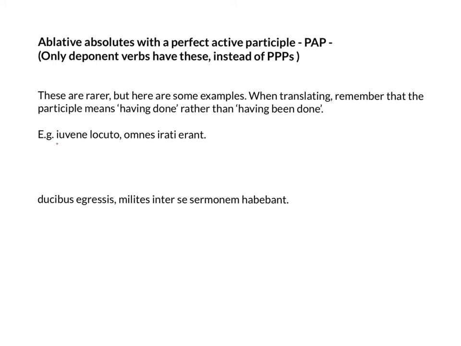And here is our first example. We're beginning with iuvene locuto. We check the tense, the main verb, erant, which is in the past. So let's get translating. I'm going to start with when, because we always do. Then the noun, the young man. And locutus means having spoken.